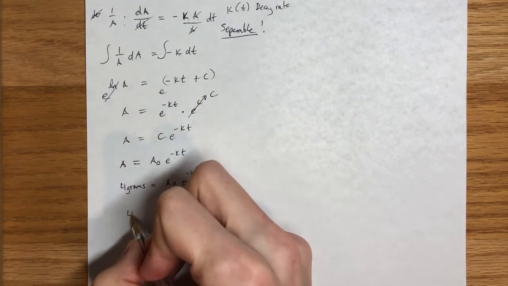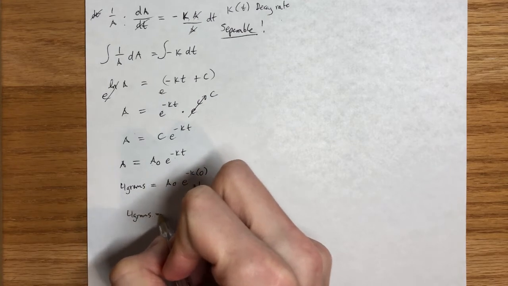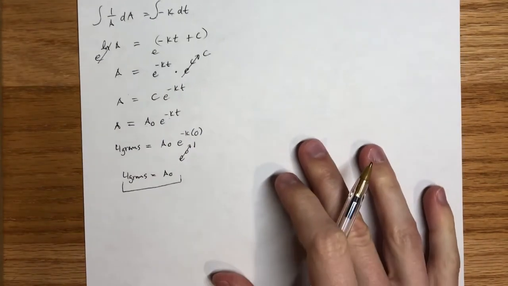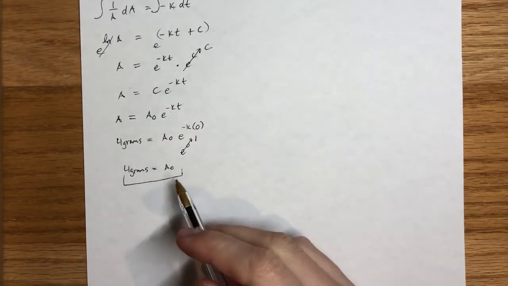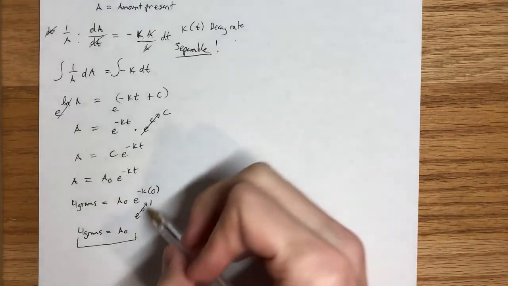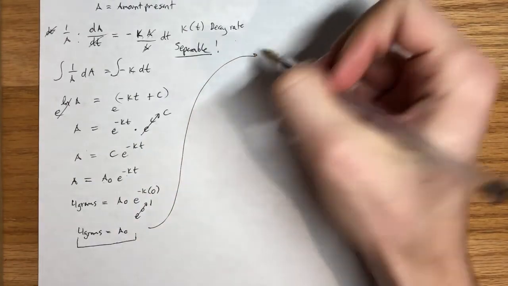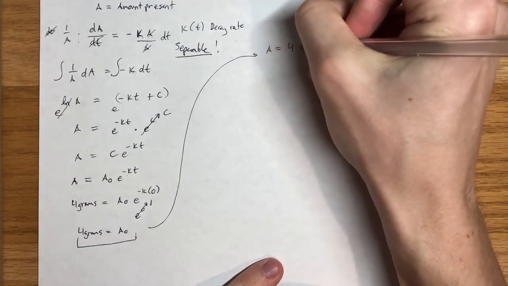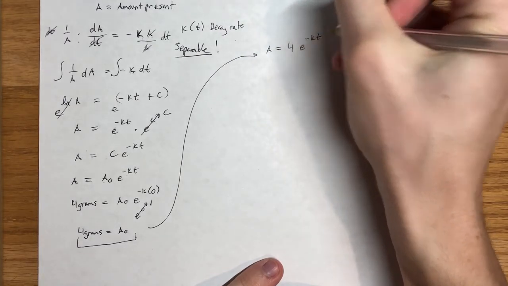So then we're left with 4 grams is equal to A0. Once we have this, we can plug it back into our equation and update it. So now we have A is equal to 4 e to the negative kt.